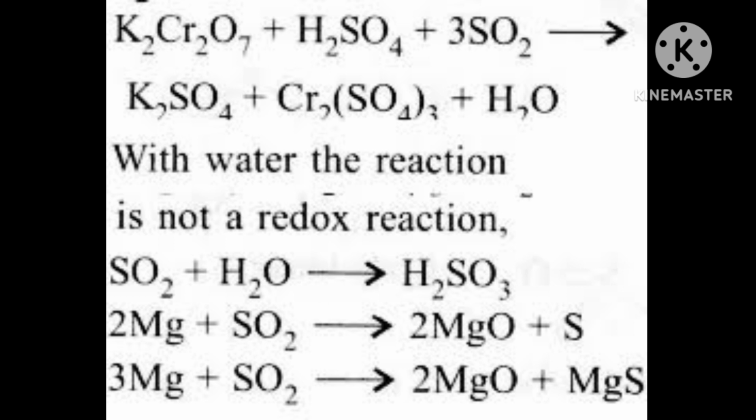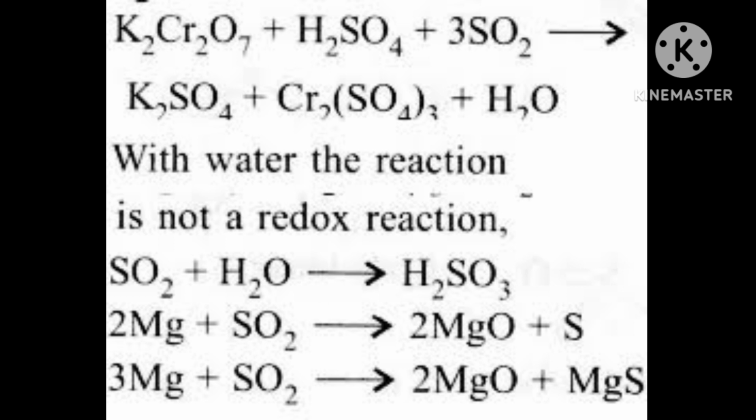In the second case 4H was there, in the third case 8H, and where H is there, the product will obviously form water molecules. So hydrogen ion concentration plays an important part in influencing the reaction.